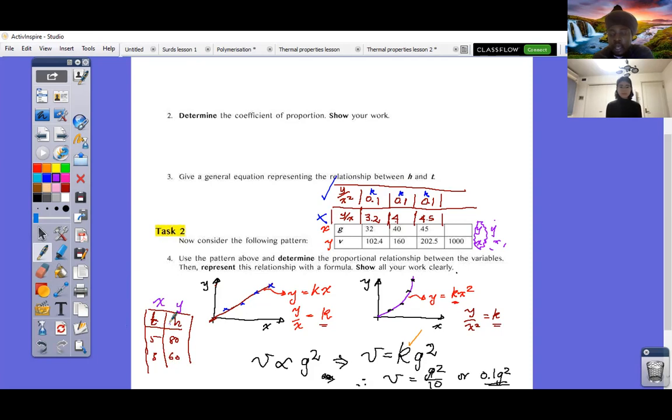Because normally in science, when you draw a table, what goes in first is, have you learned about variables, independent variables and dependent variables? A little bit about it, yeah. Good. So this here is the independent variable. It's what we change.